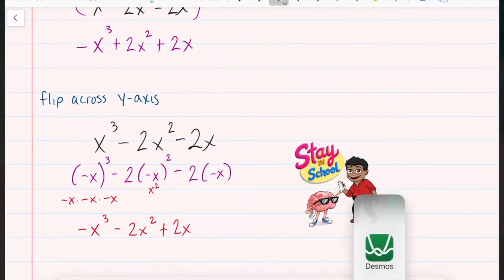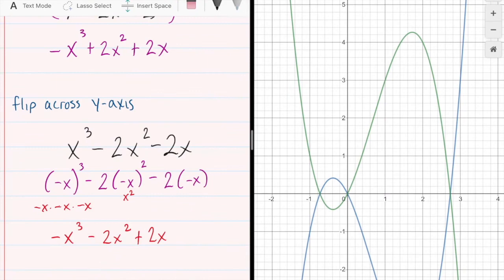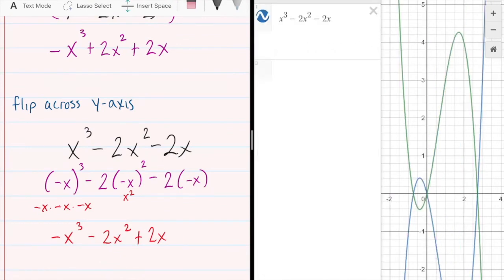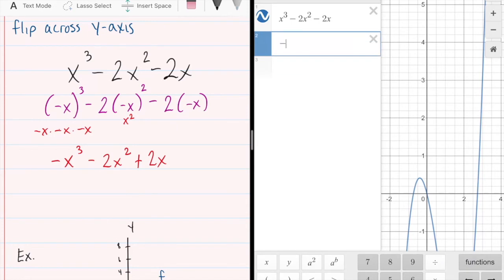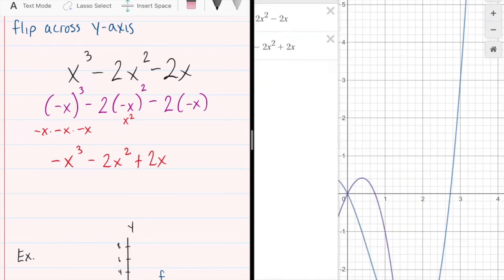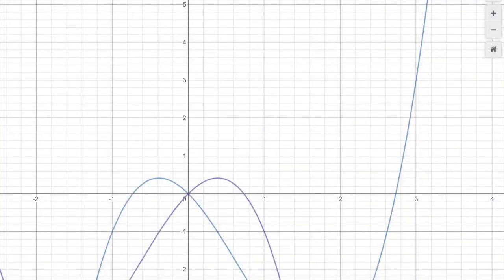Well, let's check the math here, guys. Let's go ahead and graph this one, see if it reflects across the y. Let's get rid of this guy, and let's graph negative x to the third power, minus 2x squared, plus 2x. And once again, let's zoom in, show you exactly what we're working with.